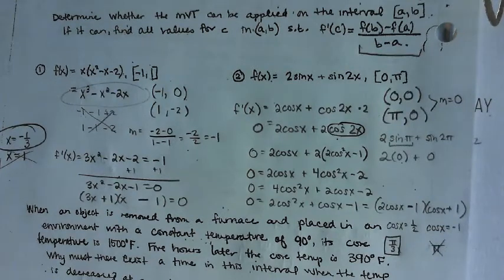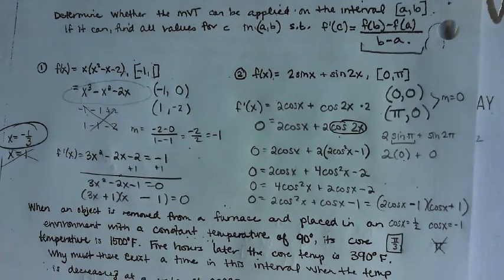Raise your hand if you're done. Raise your hand if you're stuck. Jalen, where are you stuck at? Well, I'm pretty sure it's all wrong, but I have 2 cos x plus 2 cos of 2x.